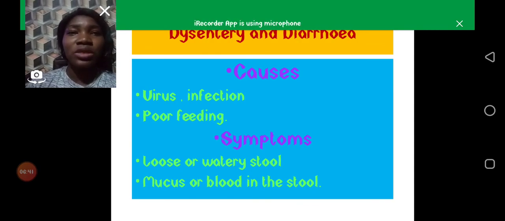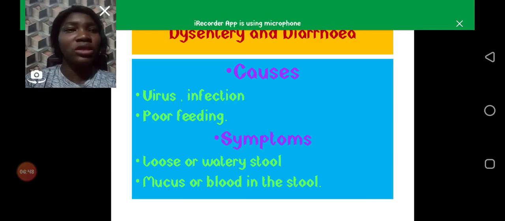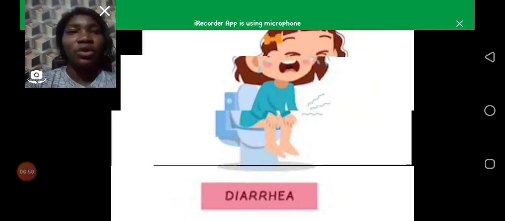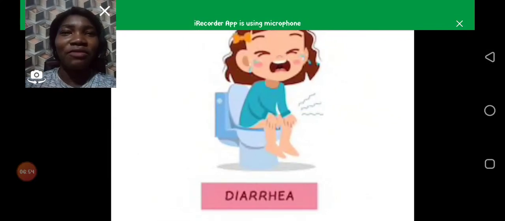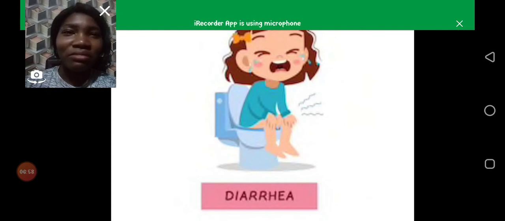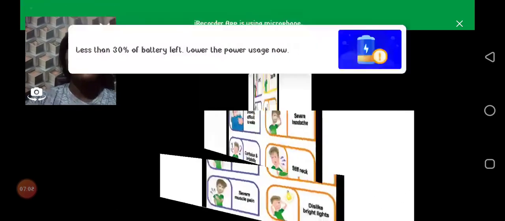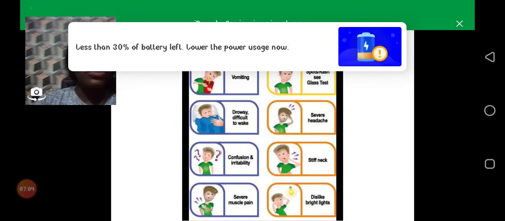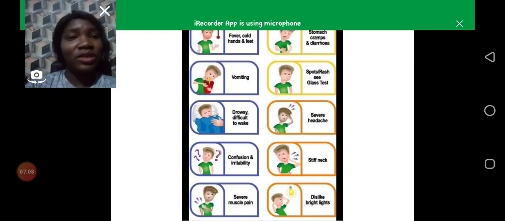Another symptom is seeing mucus or blood in the stool. Look at that girl. She has been going to the toilet every 30 minutes, or maybe less. She has diarrhea.